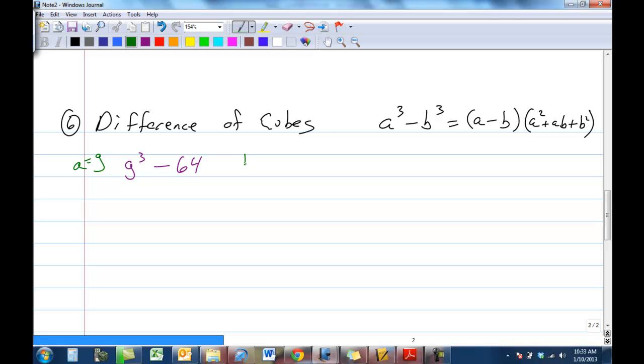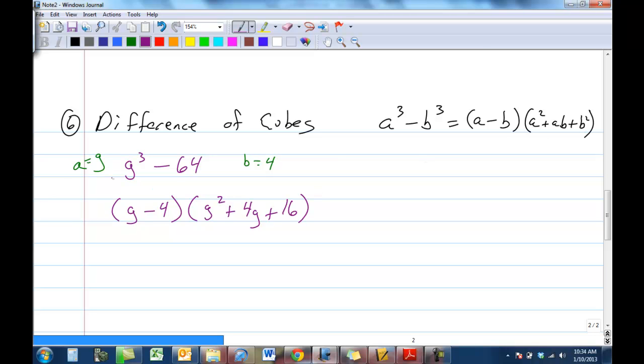And b, what times itself 3 times is 64? Guess and check a little bit, and you'll find that b is 4. So what this is going to factor to is g minus 4 times the quantity of g squared plus 4g, right, ab, plus b squared, which is plus 16.